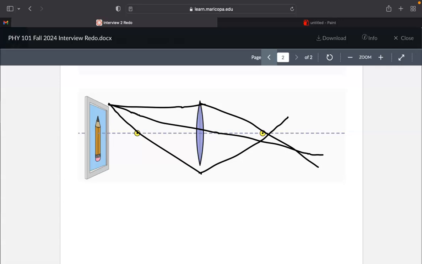So honestly, if this was perfect, they actually all would be in this focal point area. But yeah, that's what I know about lenses. I can do it again, but you get the picture for the most part, I think. I think that's everything.